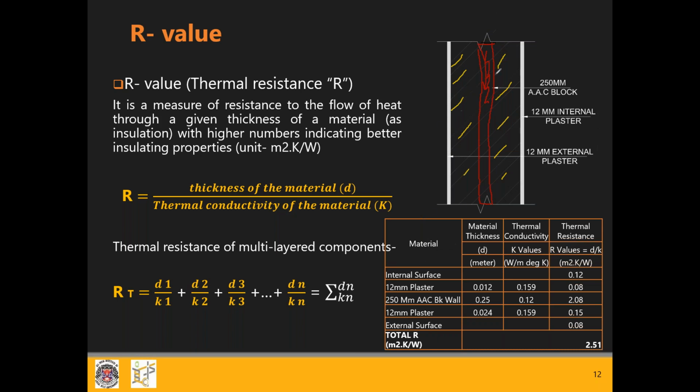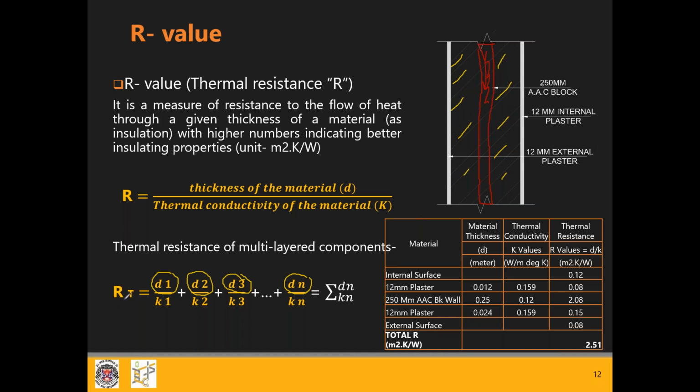So here, if we have these different materials, D1 will be the first material, D2 will be your second material, which is the insulation, D3 will be your brick, and D4 will be another layer of plaster.